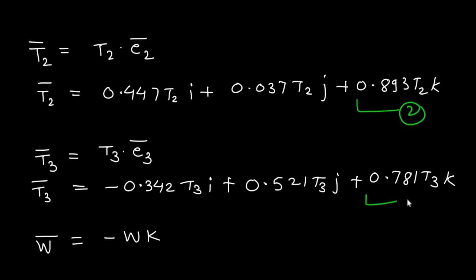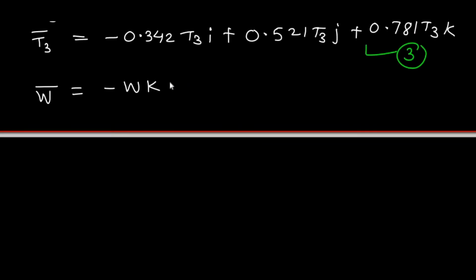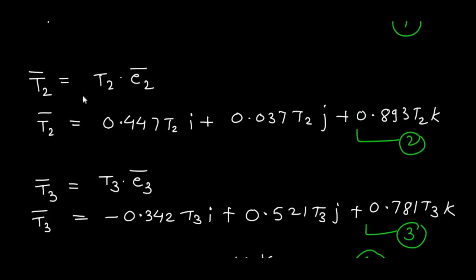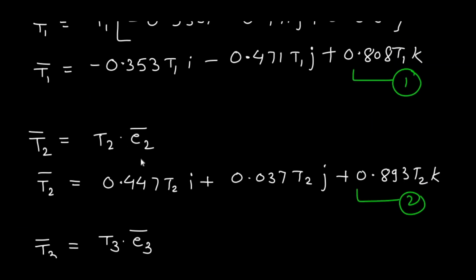Here is equation 3, and I'll put the value of W, which is 10, so minus 10 into k. So let us say this is your equation 4.